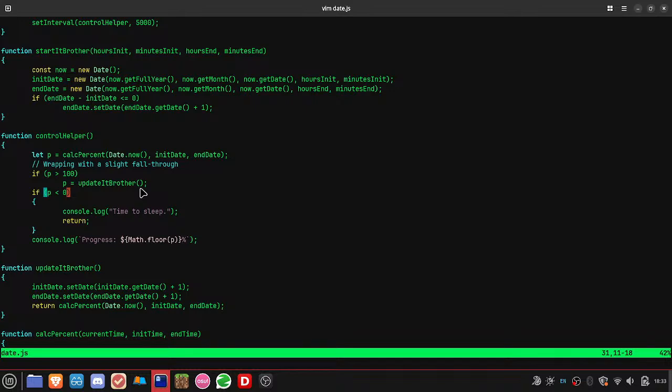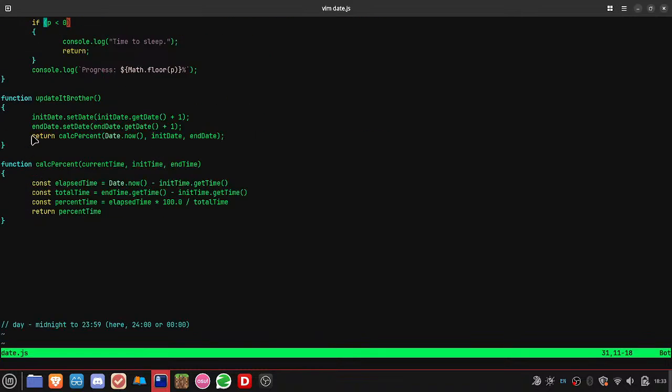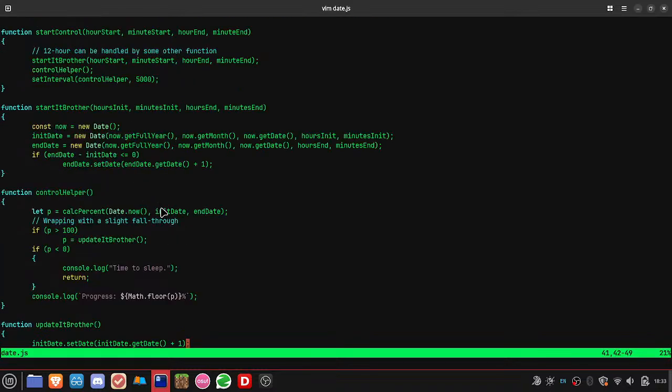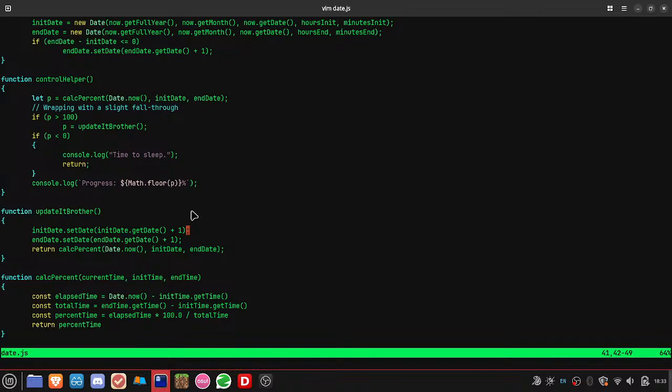And then after it updates, do you see this thing? The percentage is also returned. The percentage is again calculated and returned. And when the percentage, the new percentage, is now less than 0, when the percentage is negative, we will just print time to sleep, and then we will just return from that.